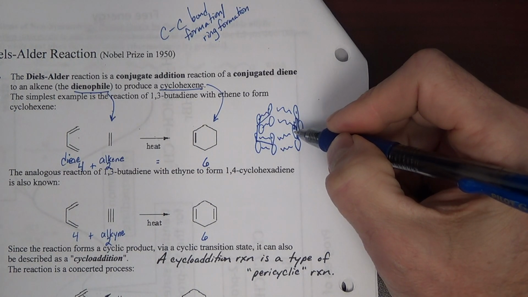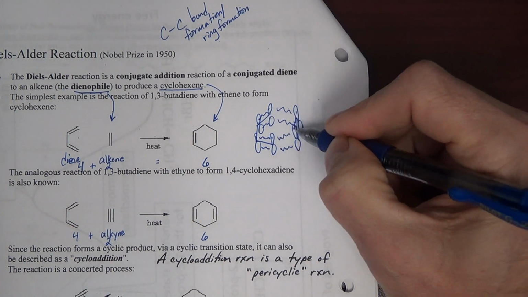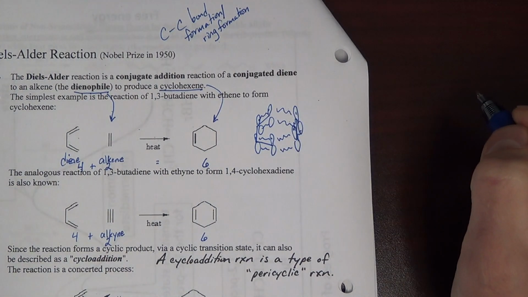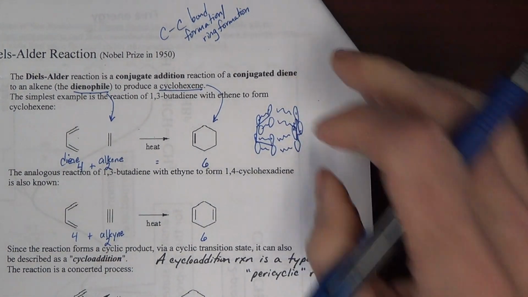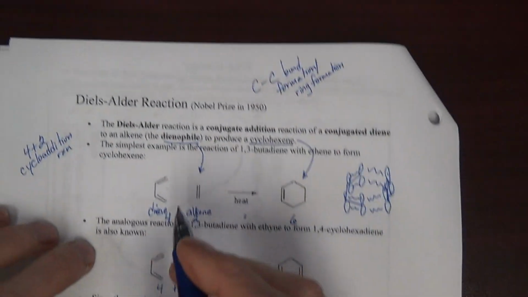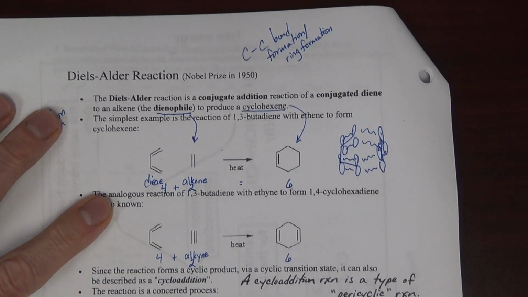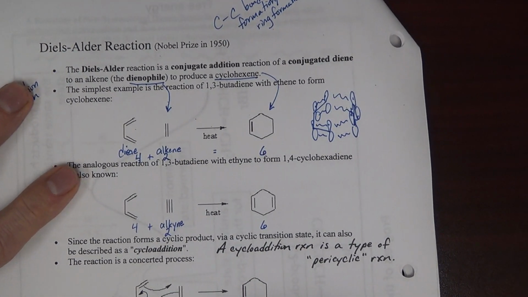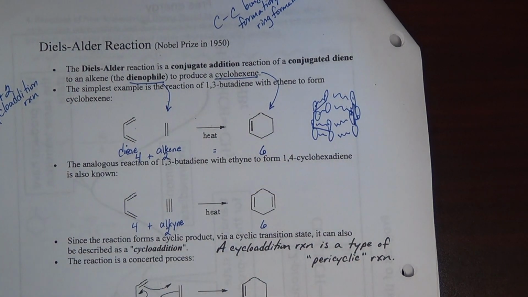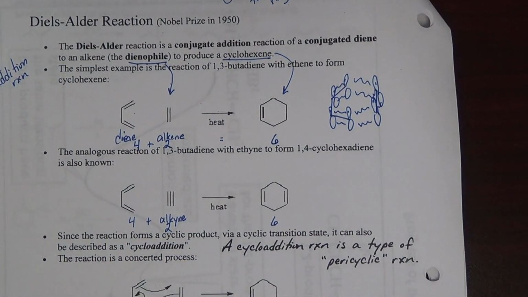At that point, the electrons reorganize and bonds are made between these 2 end carbons. How can we show that another way? Traditionally, it's to move the electrons. Let's see if I can do that a little bit here.